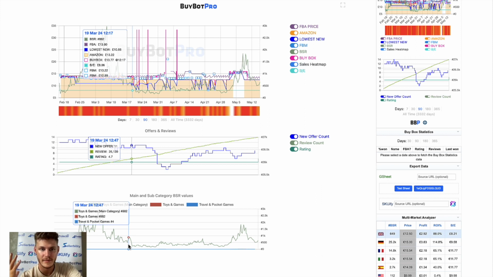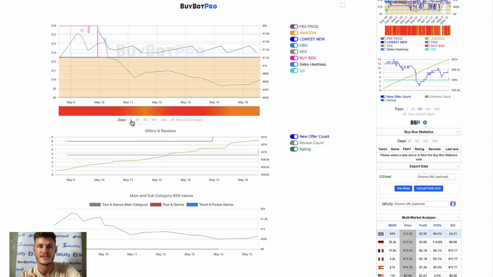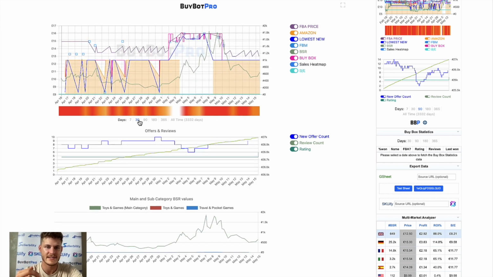So basically what we want to do is make sure that we're looking at the same time period as what we have over on the BSR and prices section. So if we look at the last 7 days to get an idea of the most recent ongoings, and then if we were looking at 30 days, then of course we'd look at 30 days here and so forth.